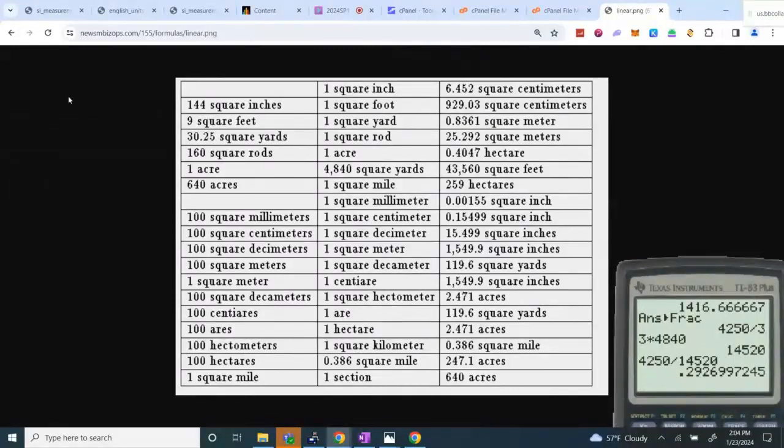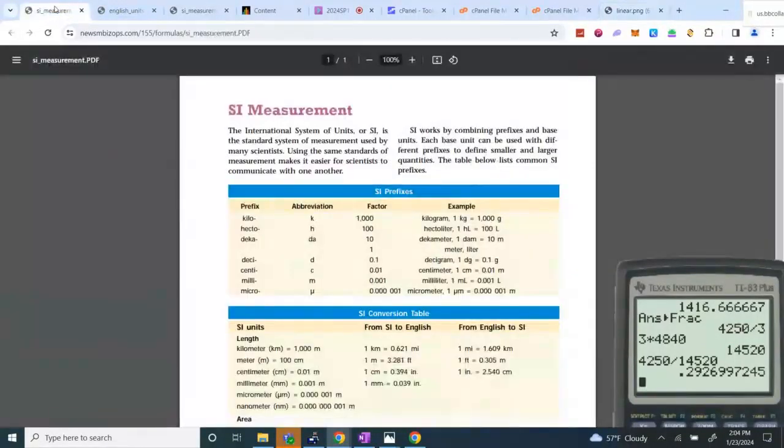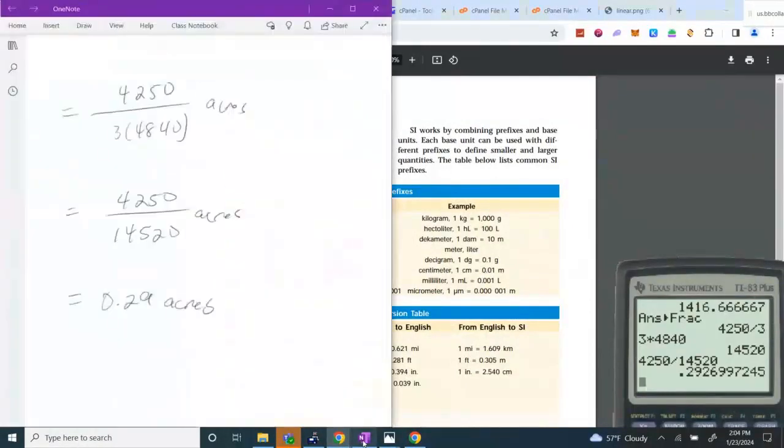Or another thing we can do, and this may help first: in the metric system, we can convert from one prefix to another.